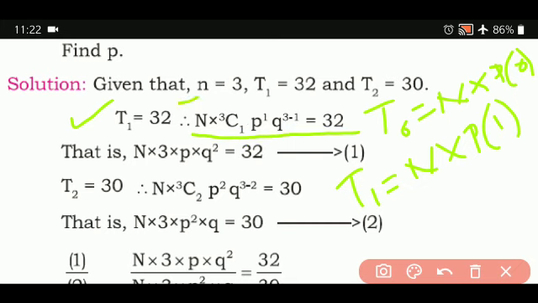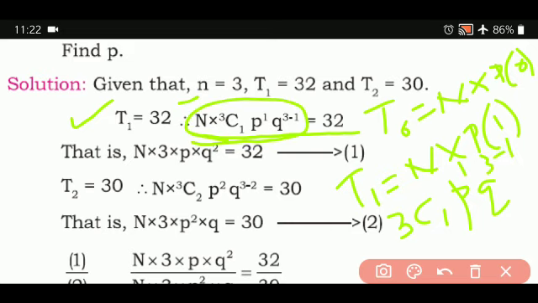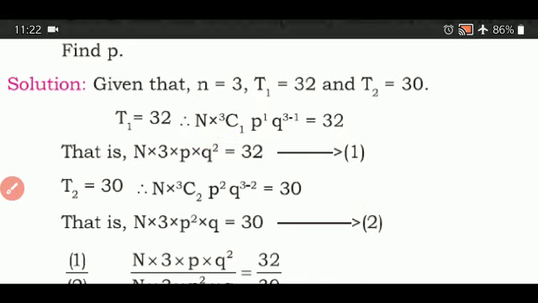For this probability mass function we write 3C1 p to the power of 1 q to the power of 3 minus 1. Then p to the power of 1, and 3 minus 1 becomes 2, so we have simplified it to q to the power of 2. This is the first thing.